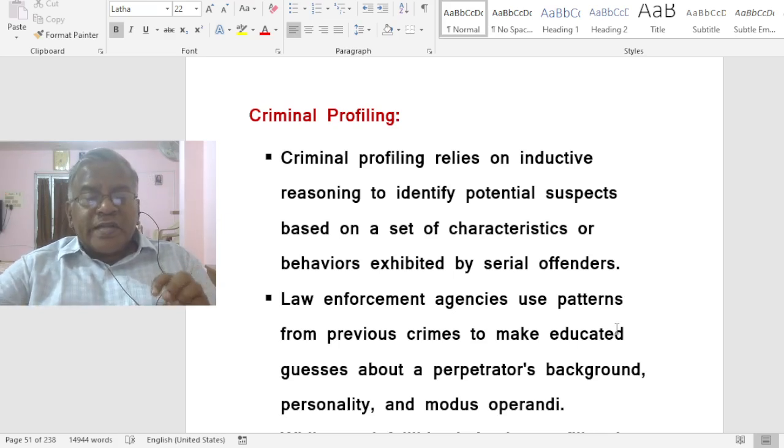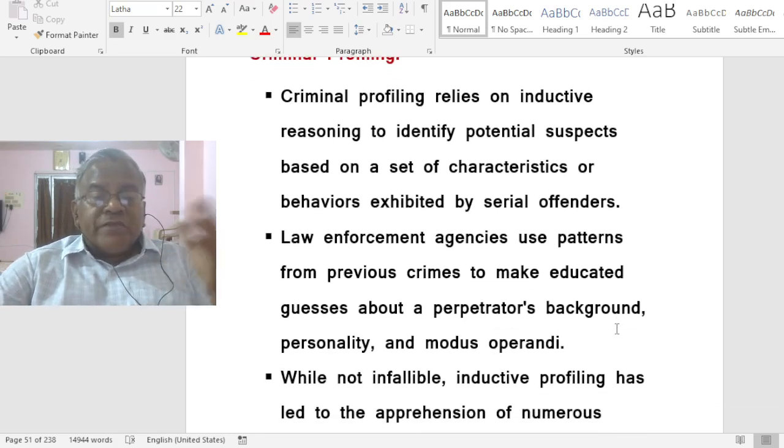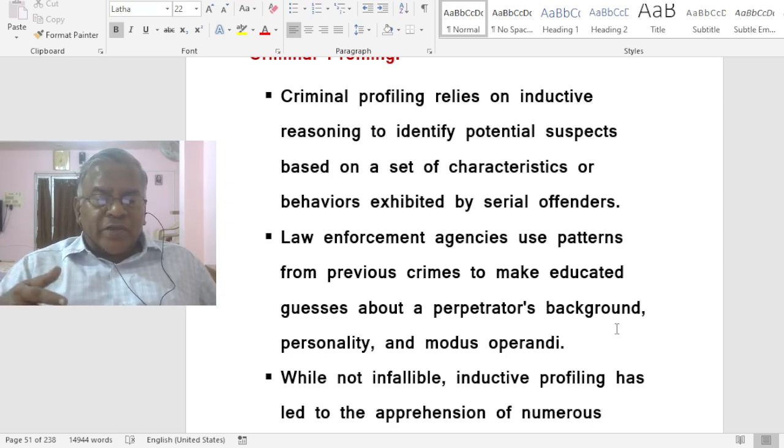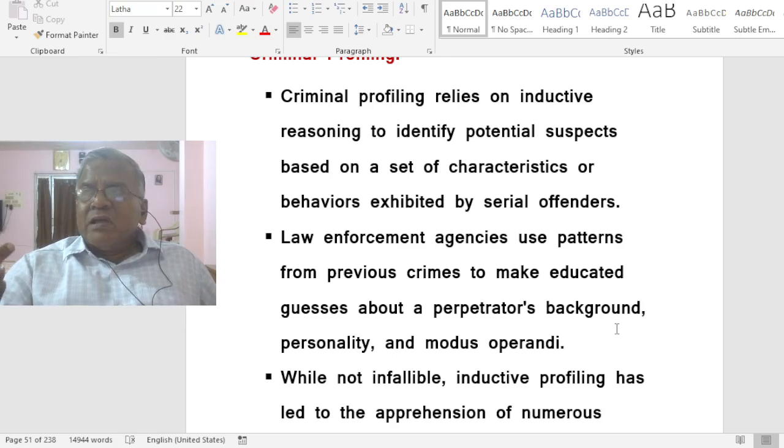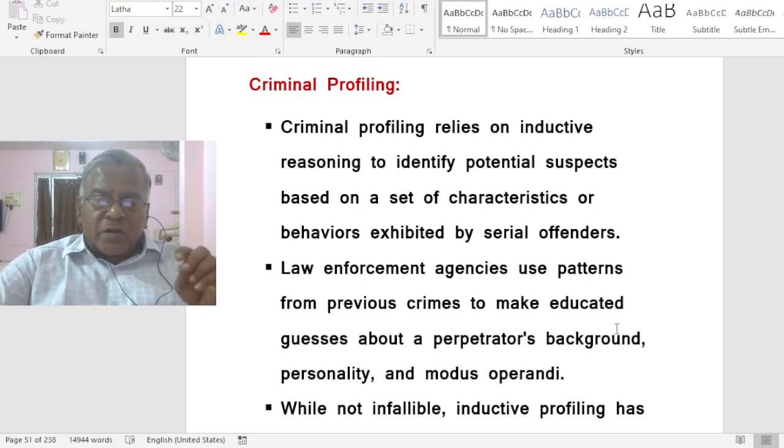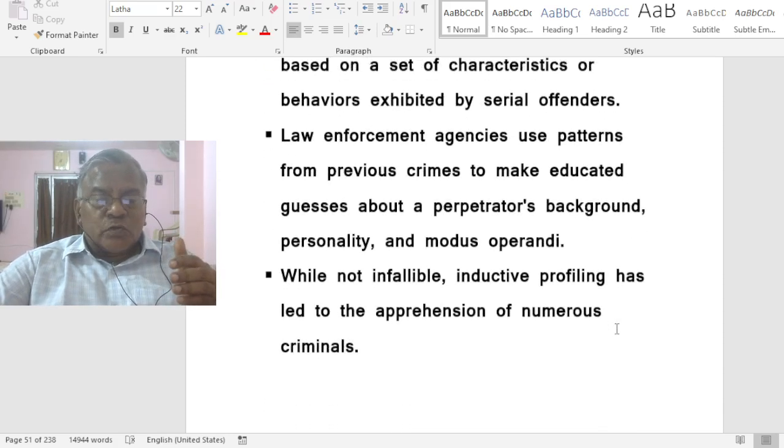Law enforcement agencies use patterns from previous crimes to make educated guesses about a perpetrator's background, personality, and modus operandi, the way, the method of operation. So they use patterns from previous crimes and then they make an educated guess. That way in criminal profiling, inductive reasoning is used.